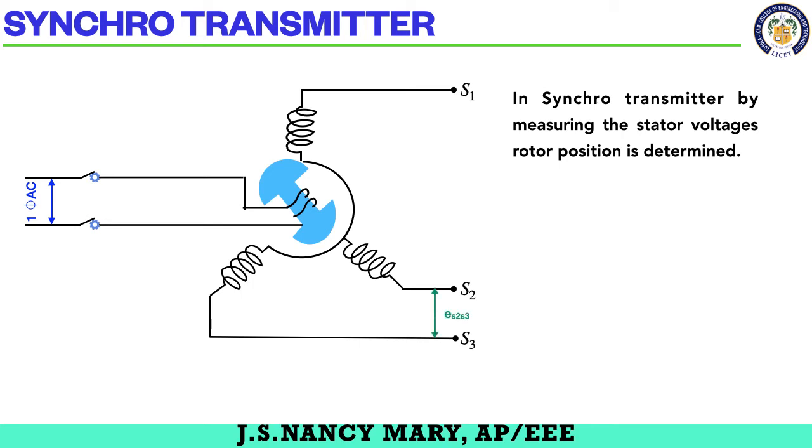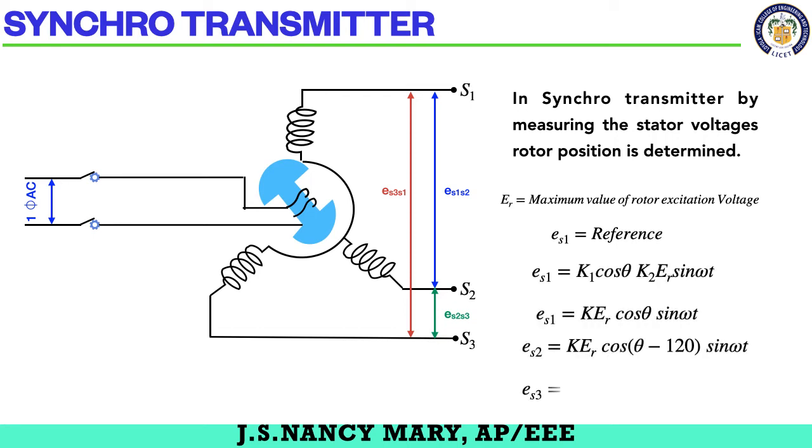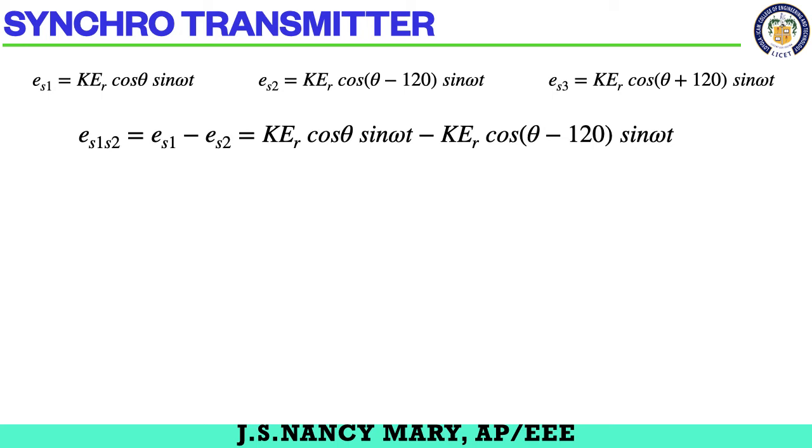So let me measure between S1, S2 and S2, S3 and S1, S3. Okay, like this. So I'll have ES1 as a reference. So ES1, ES2, ES3, all the voltages will be 120 degrees displaced. That is what I have written here. So ES1S2 is equal to ES1 minus ES2.